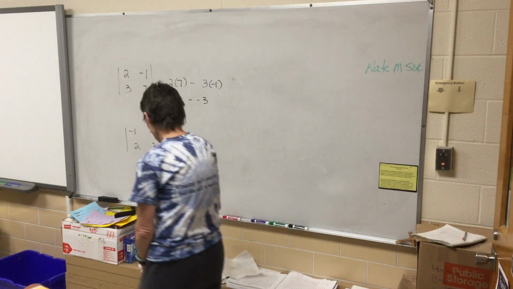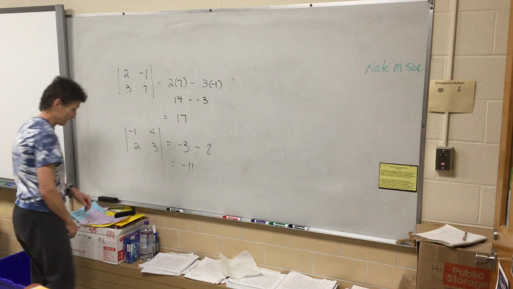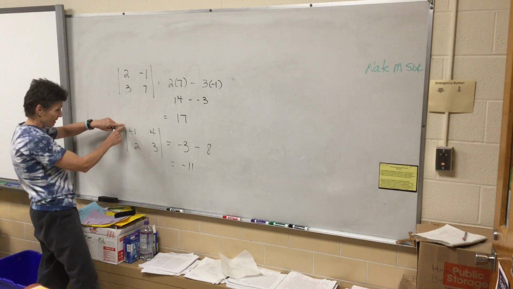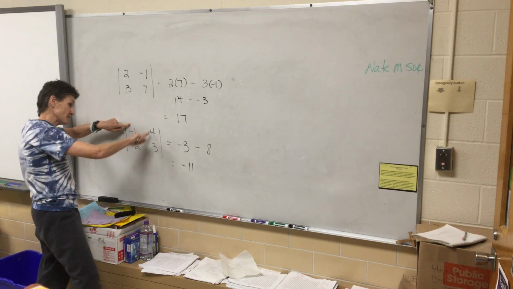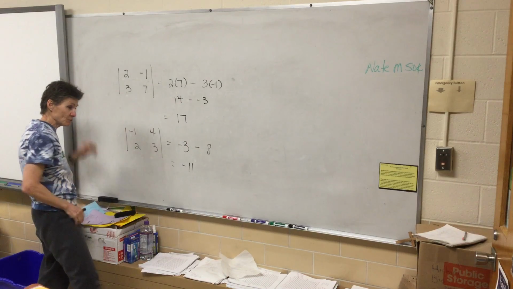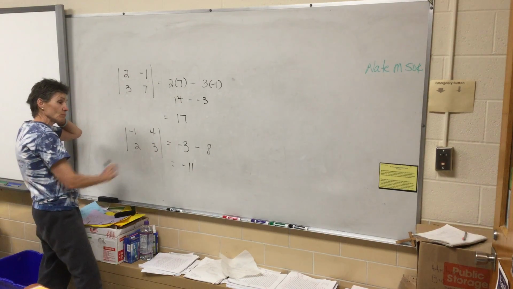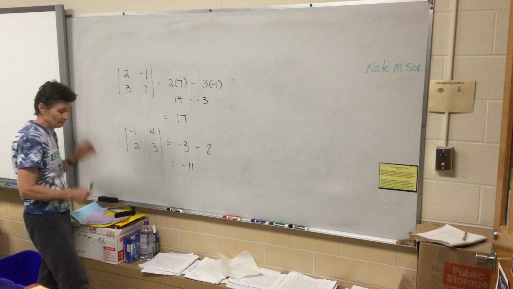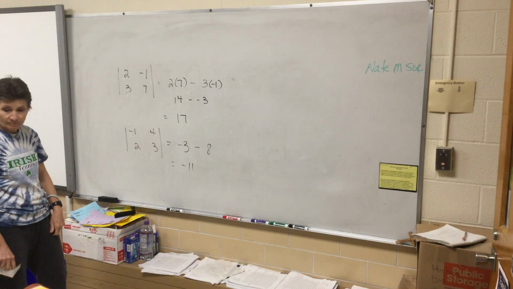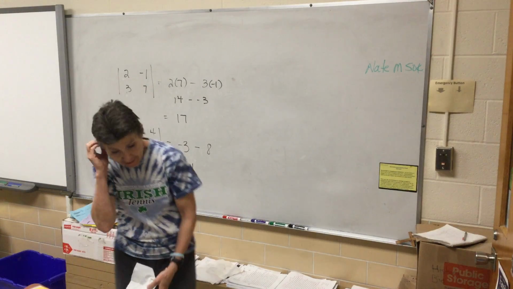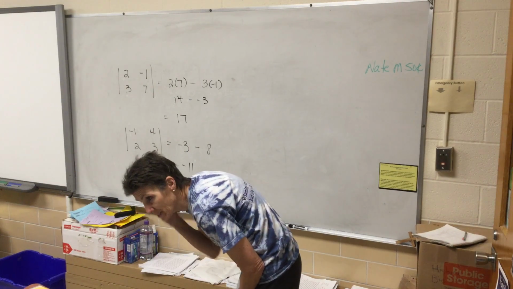All right, so that's our last example of these, kids. Everybody get this process down. It's these two times each other, these two times each other, and then you subtract them. So -3 minus 8. Does anybody have a question about the 2 by 2s?